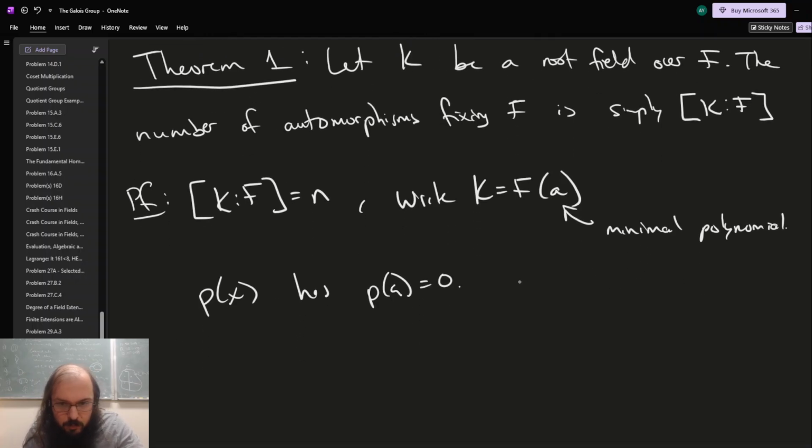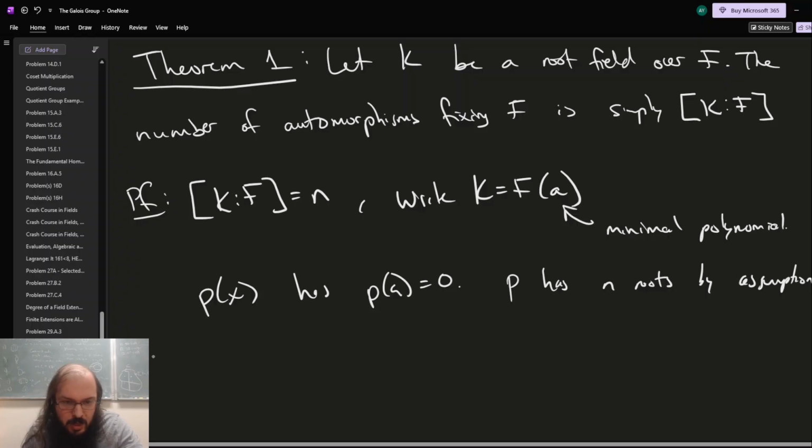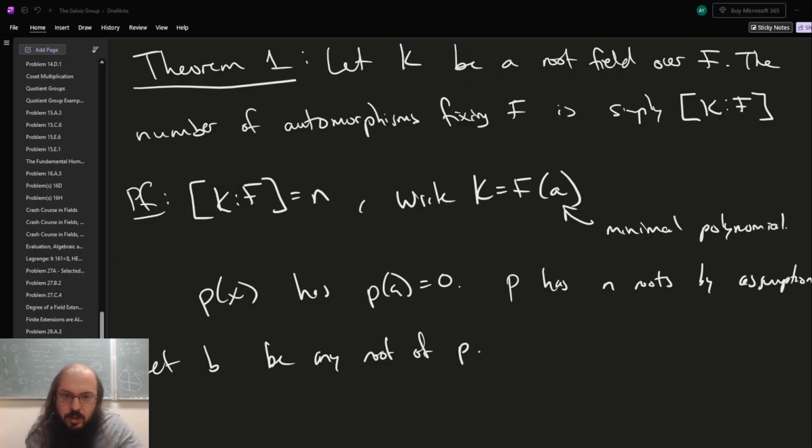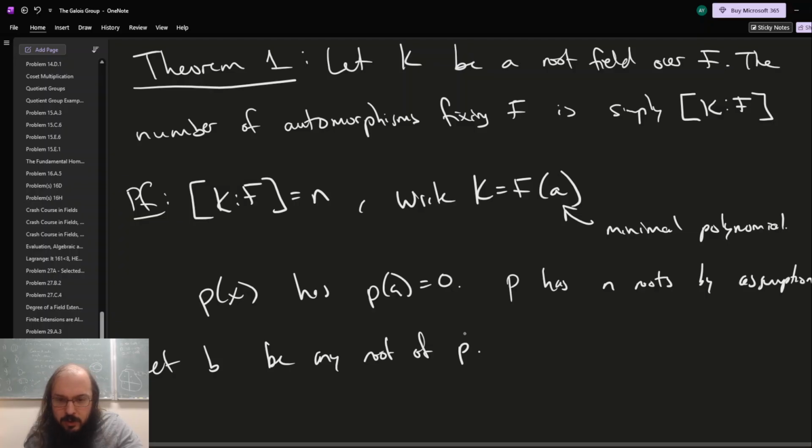So P has n roots by assumption. On the other hand, if I take any root B, let B be any root of P, all I have to do to construct the automorphism that I want is define, what should I call it?